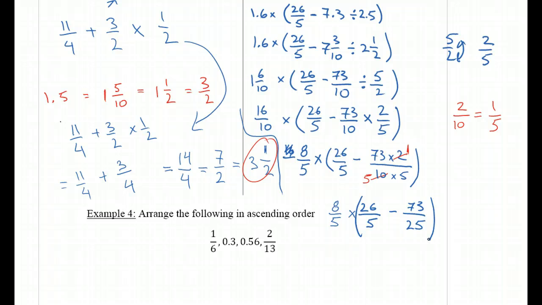Okay, now 26 over 5 minus 73 over 25. Well, I can do that. I got to get a common denominator first. And the common denominator in this case is going to be 25. So 25.